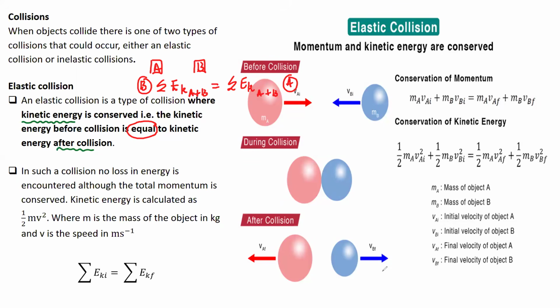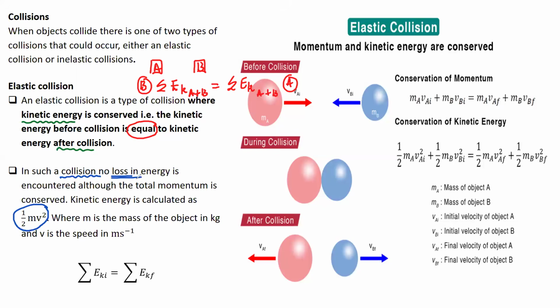That calculation is worth 8 marks. The point is that if there is an elastic collision, the kinetic energy before and the kinetic energy after are the same. Remember from grade 10 and grade 11, kinetic energy is half mv squared, the mass of an object and its velocity. So whenever the collision is elastic, there is no loss in kinetic energy.